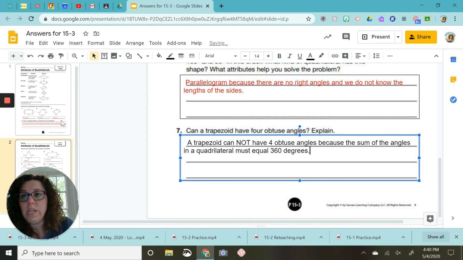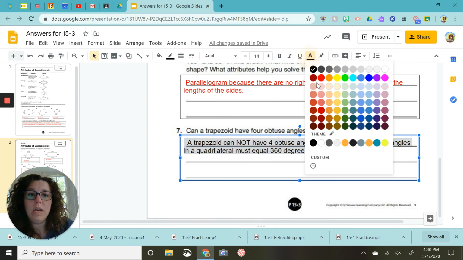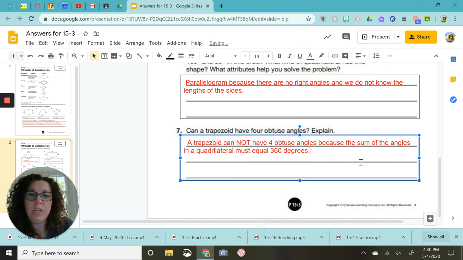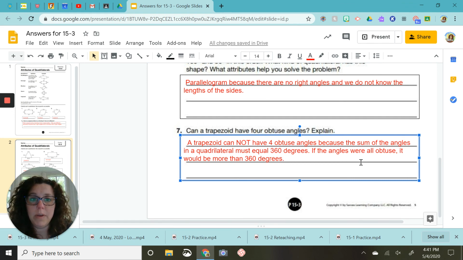If you wanted, you could insert that mark, but it's not necessary. To give it a little bit more information, if the angles were all obtuse, it would be more than 360 degrees. And there you have it, friends. I'm going to go back, look up that answer, and make sure I got it right, and I will post another video.